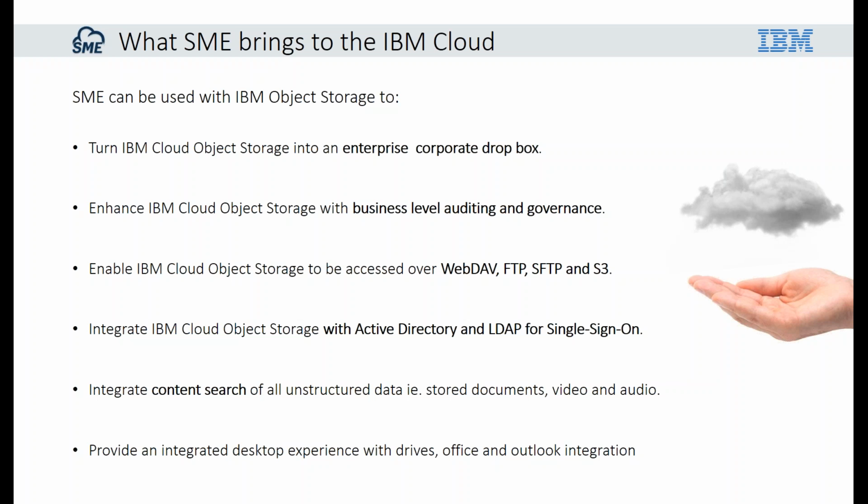This is what we call the home file replacement, which is lots and lots of corporate data sat on Windows filers that can cost a lot to operate, or sat on SANs or NAS, which can cost a lot to operate, but wanting to move it across to the object storage because it's cheaper and more cost efficient, and saves space, but still needing to have their users access it the same way that they did with file and block.